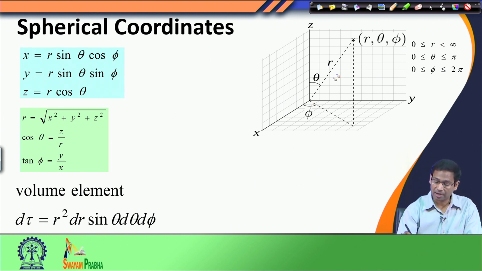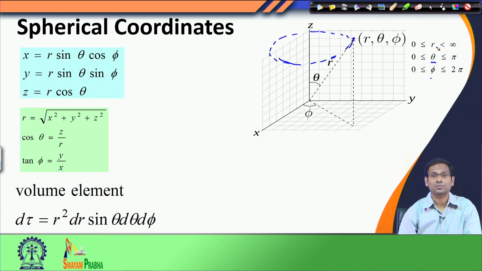For a given value of r and theta, I can make a 2 pi revolution around the z axis, where the phi value goes from 0 to 2 pi, and I can do this for each and every value of theta. So for each value of theta, when I make a 2 pi revolution, you can imagine that I will get a sphere. Therefore, phi goes from 0 to 2 pi, theta goes from 0 to pi, and r goes from 0 to infinity.